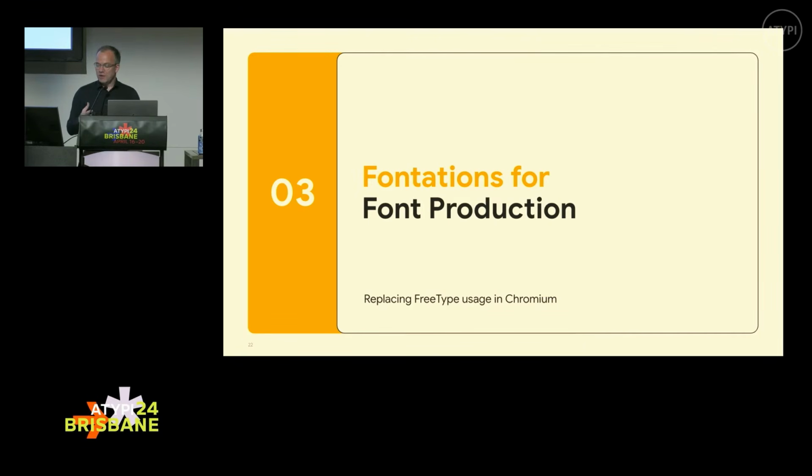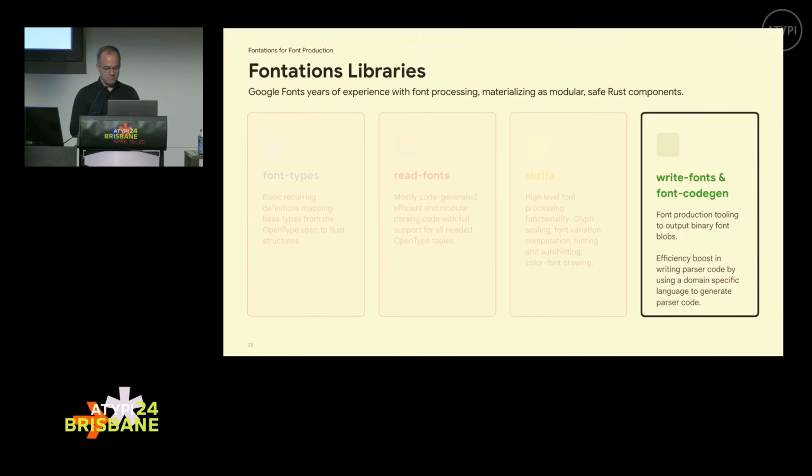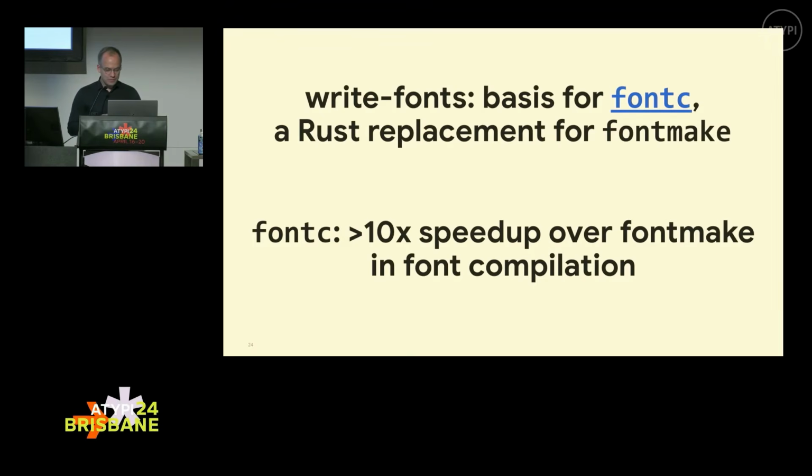But let's explain how Fontations also changes what we do in font production. Let's take a look at what we gain there. In terms of the different modules, or crates as we call them, the write-fonts module plays an important role for font production. Write-fonts is the basis for a successor to FontMake.